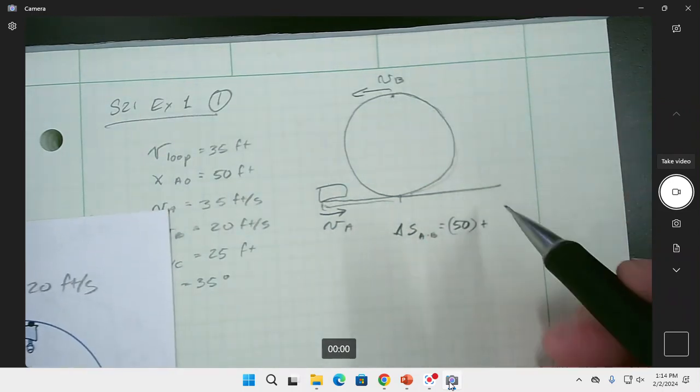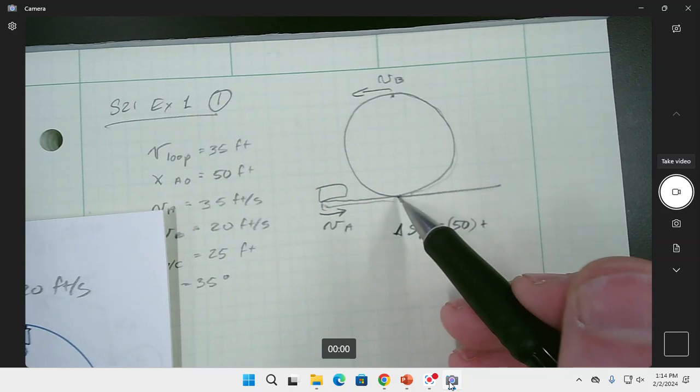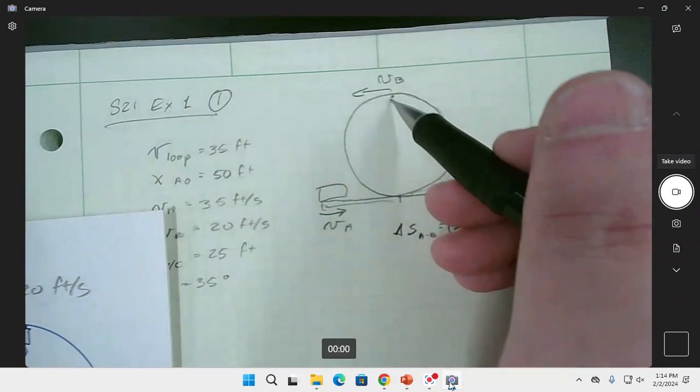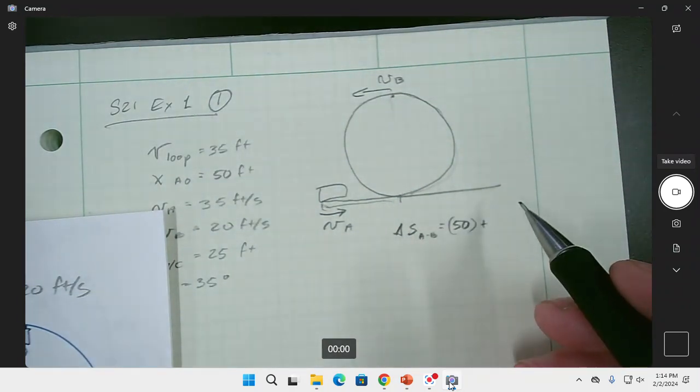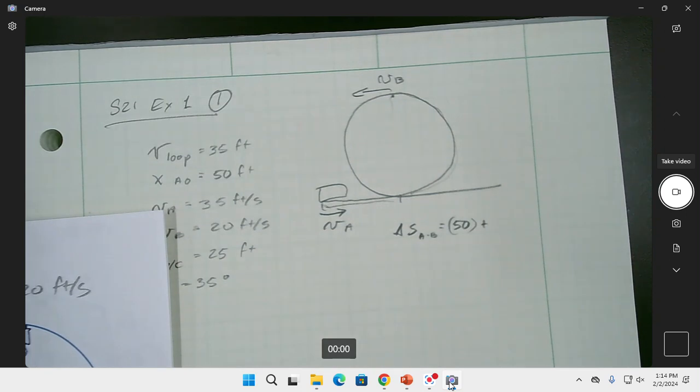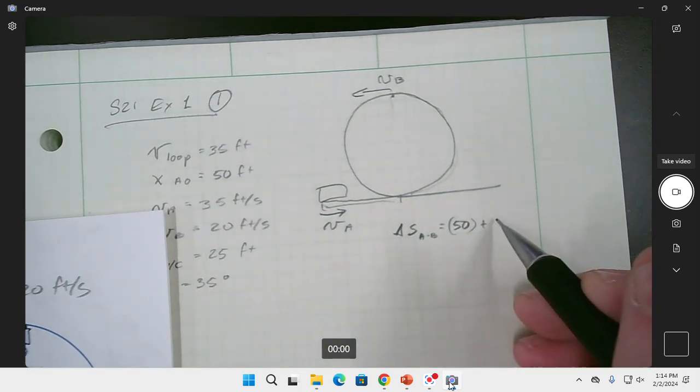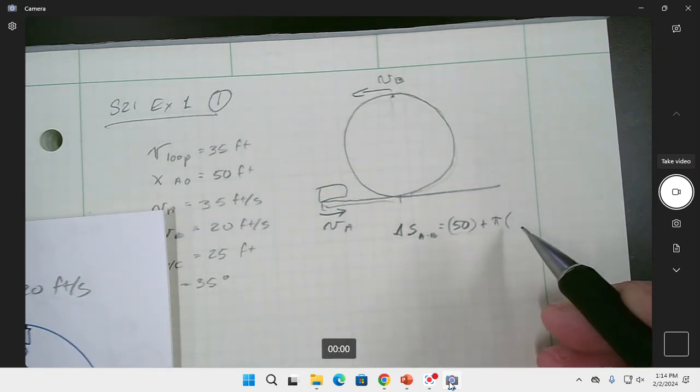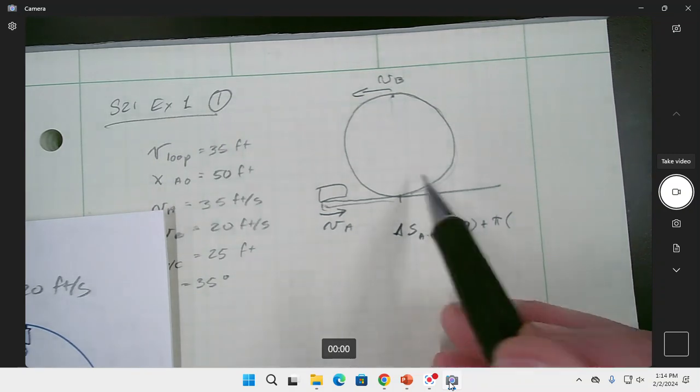So you could just say, well, the angular distance, 180 degrees, is the same as pi, right? And you could just multiply that angular displacement in radians by the radius. So that's going to be pi times this radius right here.